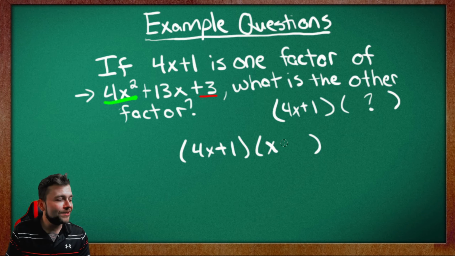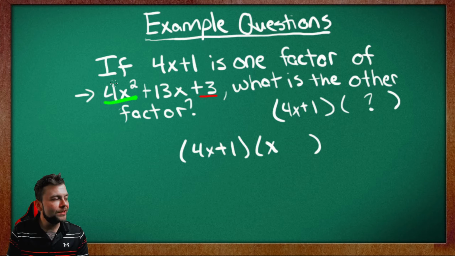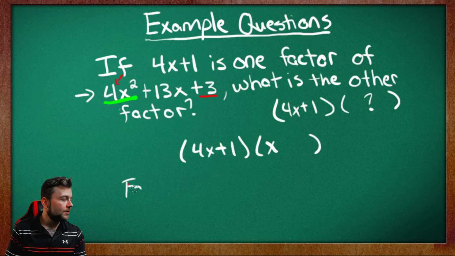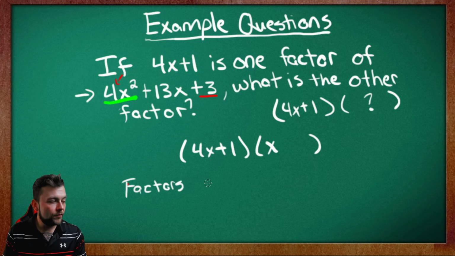Let us continue this. So this is the key right here, right? This is the 4. That's making everything bigger. Let's still write down the factors of 3.